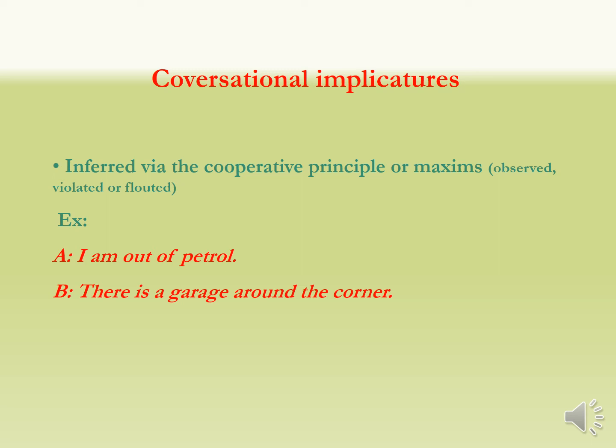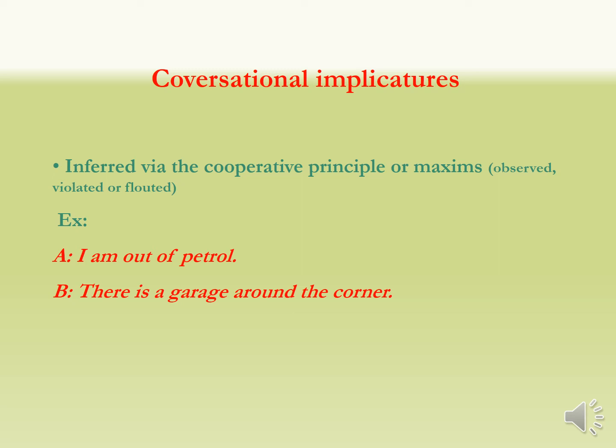Just we see the first statement, I am out of petrol. That statement indicates two different aspects. The first one, that the person is out of energy, and the second is that the person has a car and he is out of petrol. If we see the second statement, there is a garage around the corner, then definitely the garage concept is associated with a car.